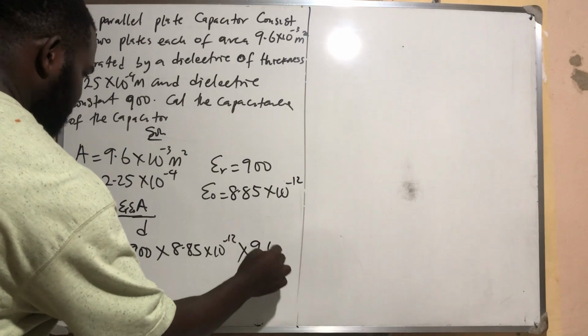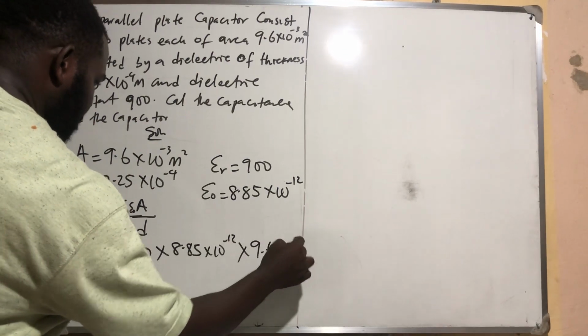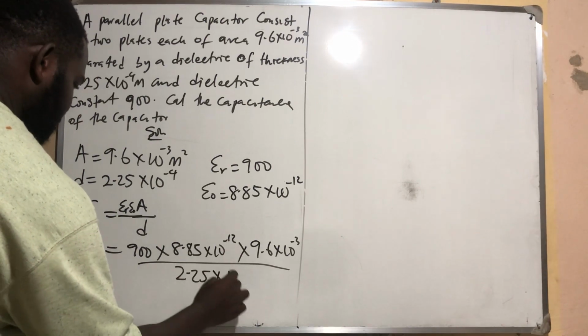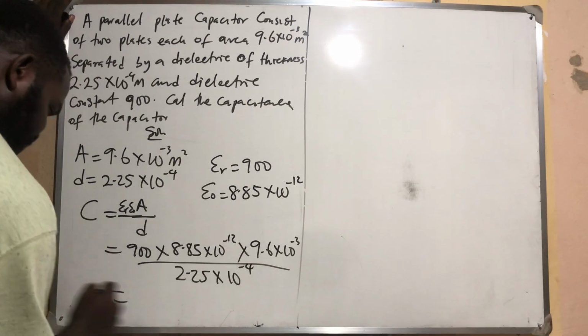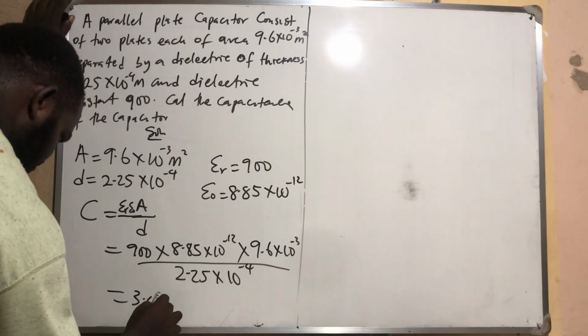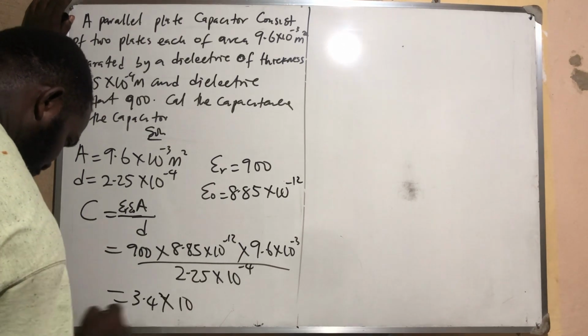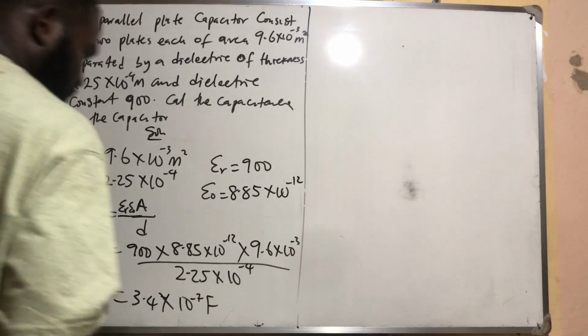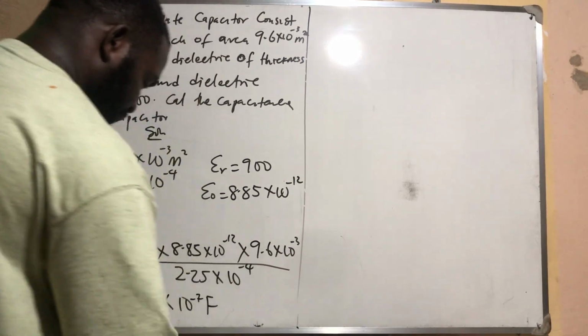My area is 9.6 times 10 raised to power minus 3. Then divided by my distance, 2.25 times 10 raised to power minus 4. So if you do that, you'll be getting 3.4 times 10 raised to power what? Minus 7 farad. Right? So that is that for that.